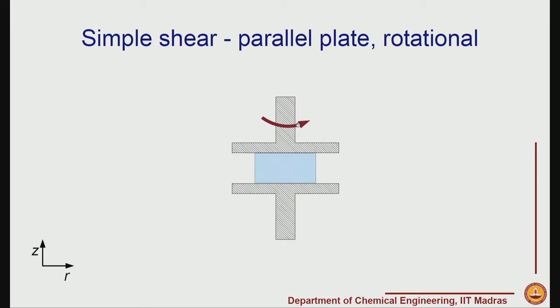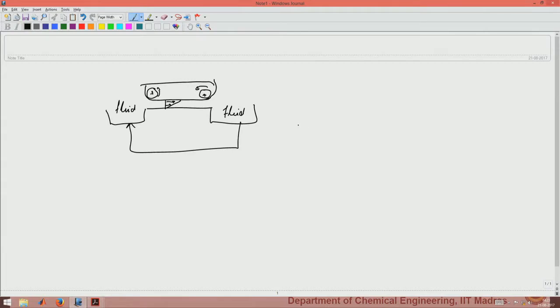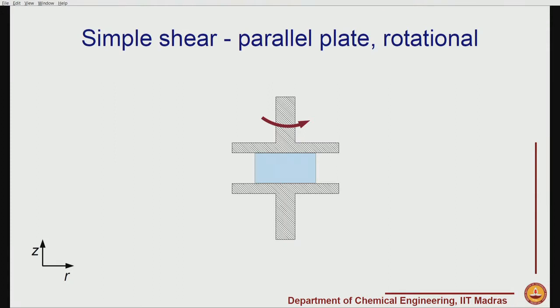So, therefore, in this case what we will have is rotational flow. We will have basically V theta, and this will be a function of what quantities, given that we have it rotating, it will be a function of r.